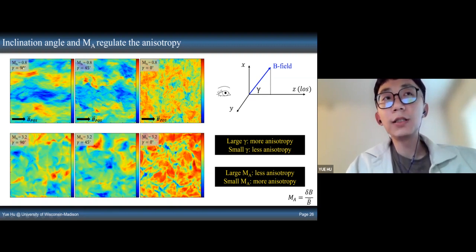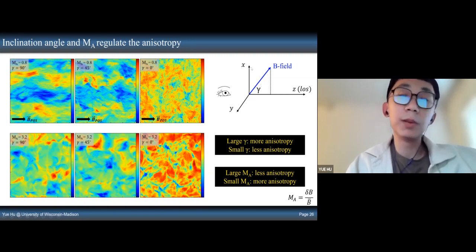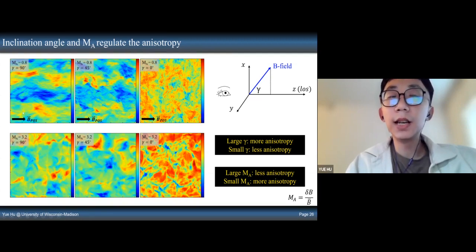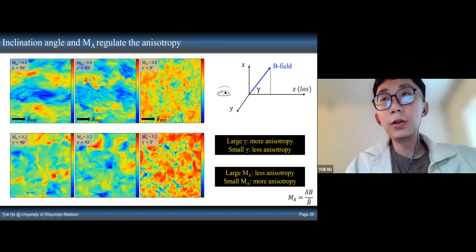At 90 degrees, the magnetic field is perpendicular to the line of sight, and we can observe very significant, apparent anisotropy. But if we decrease the inclination angle to 0, that is parallel to the line of sight, the anisotropy disappears, and we didn't see a clear correlation between the structures and the magnetic field.